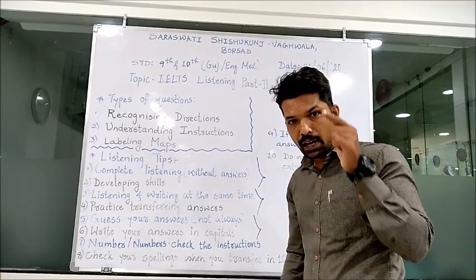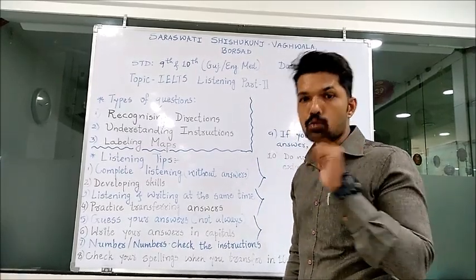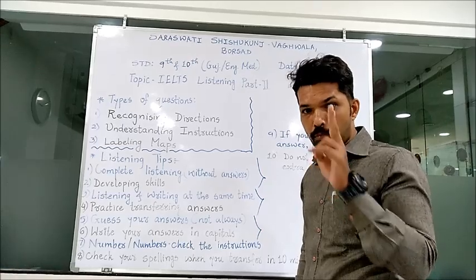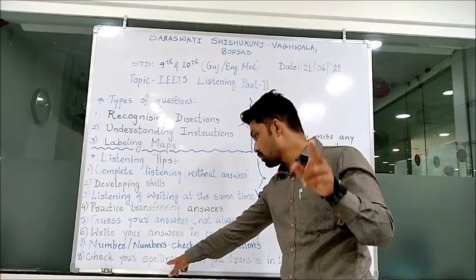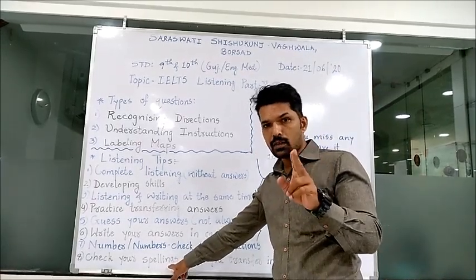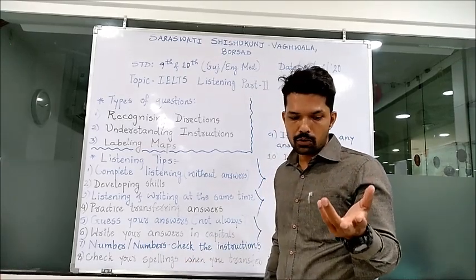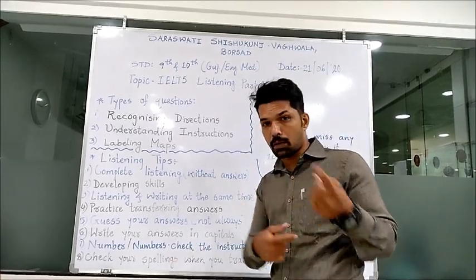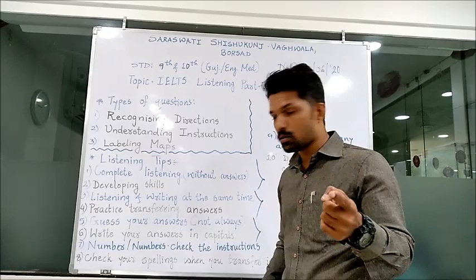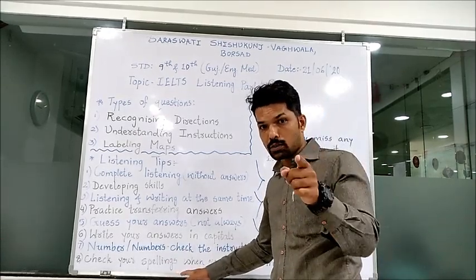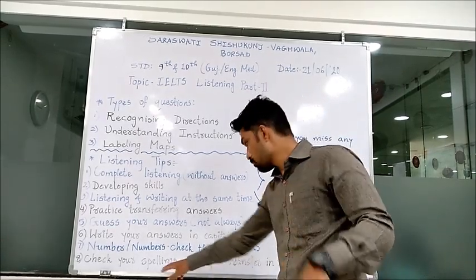Because the more spelling mistakes you make, the more marks you lose. So to not lose your marks, you must write all the spellings correctly. Maybe you write your spellings wrong, but if you recheck your answers, you may get your wrong answers corrected afterwards.